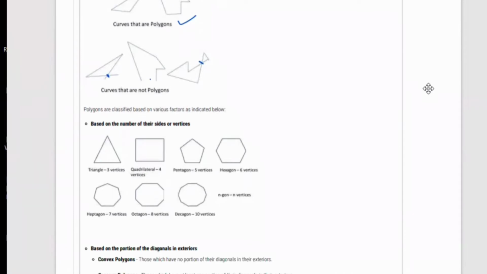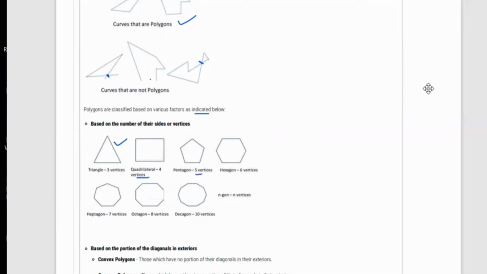Next, polygons are classified based on various factors indicated below. The first condition is based on the number of their sides or vertices. How many sides are there in the given polygon? Based on that, we have some types. If it is three sides, the name is triangle. Four sides, quadrilateral.